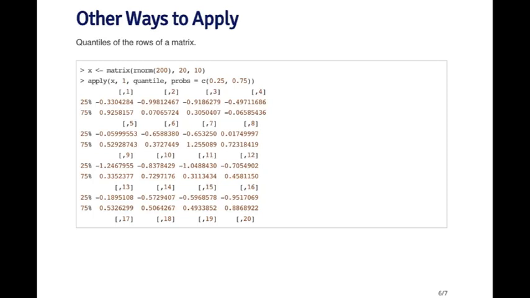So here I'm getting a 2 by 20 matrix where in each column of this returned matrix, I've got the 25th and the 75th percentile for the corresponding row. So for example, in the first row, the 25th percentile is minus 0.33, and the 75th percentile is 0.92. And in the 16th row, the 25th percentile is minus 0.95, and the 75th percentile is 0.88. So you see how that works.